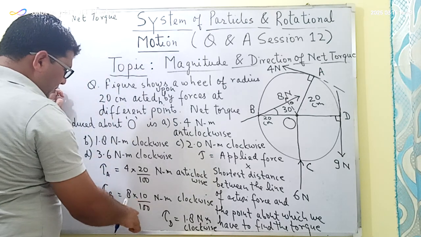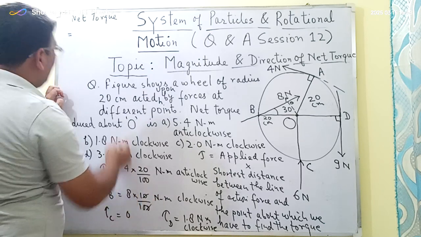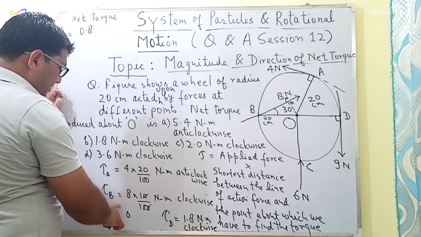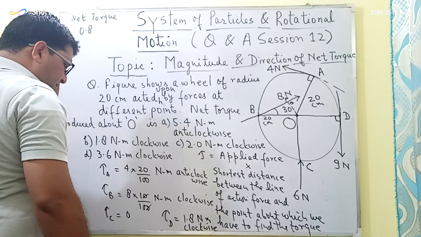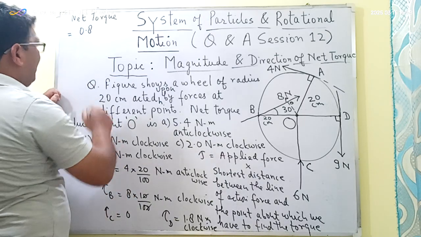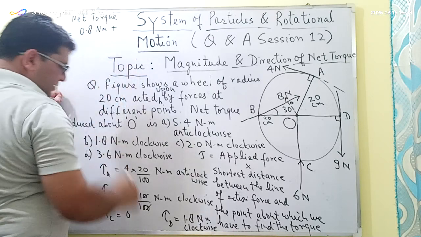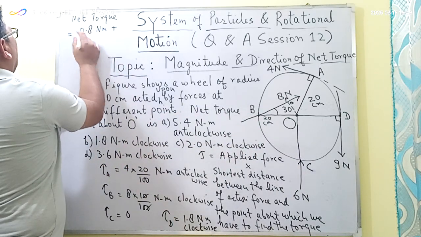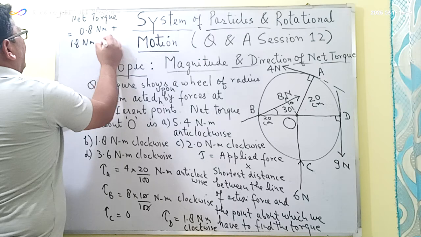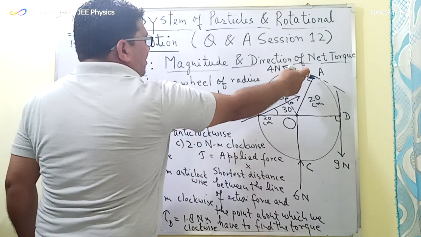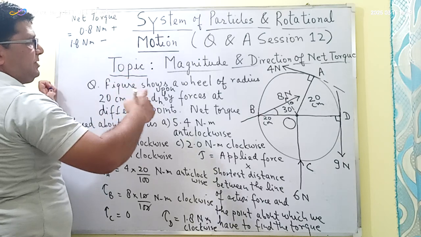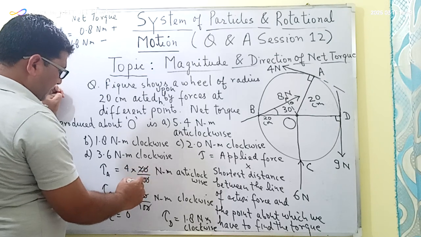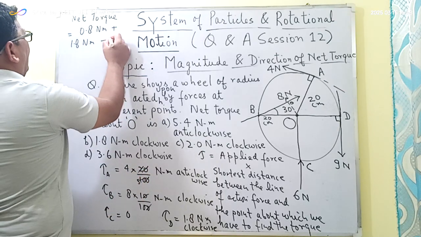The torque due to the force of 8 Newton at point B is 0.8 Newton meter clockwise, plus the torque due to the force at point D, 1.8 Newton meter, and the torque due to the force at point A is 4 by 5, equal to 0.8 Newton meter.